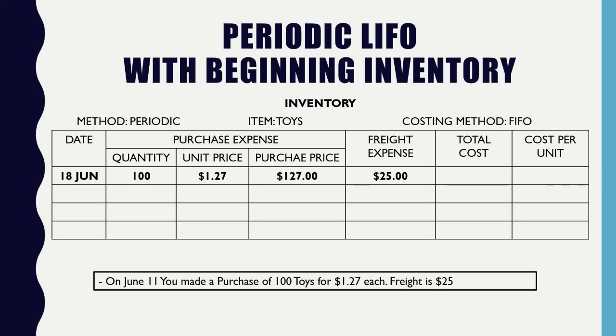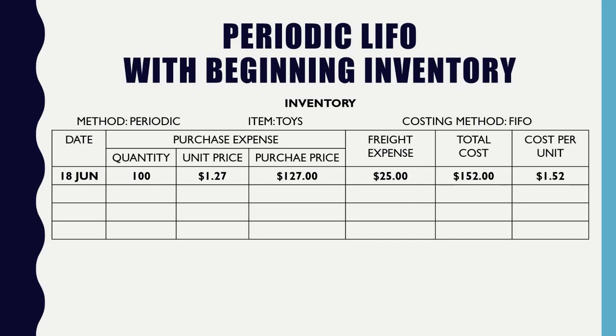The purchase price is $127 plus $25 gives you a total cost of 152. Once we have our total cost of 152, we figure out the cost per item to be $1.52.